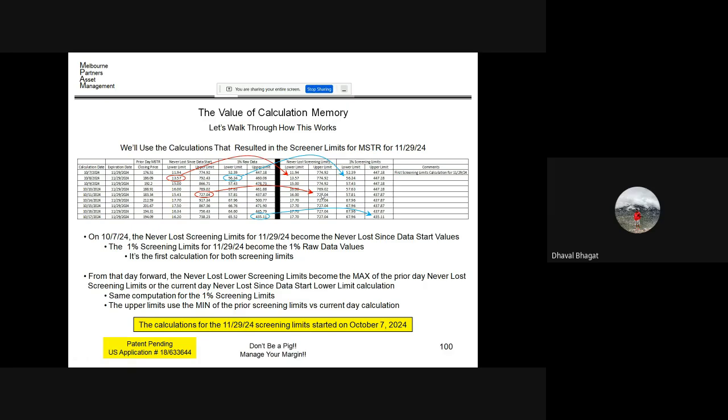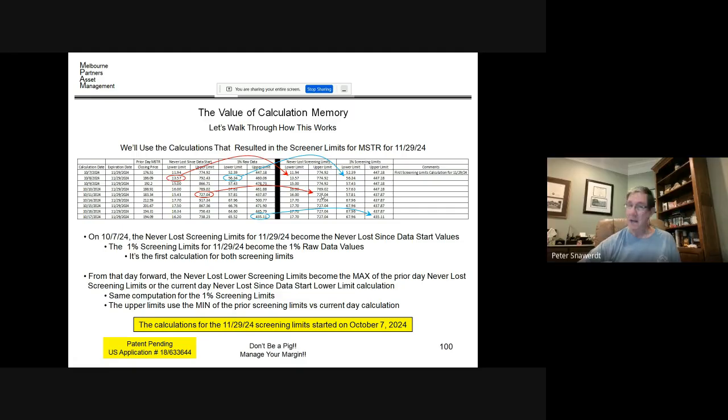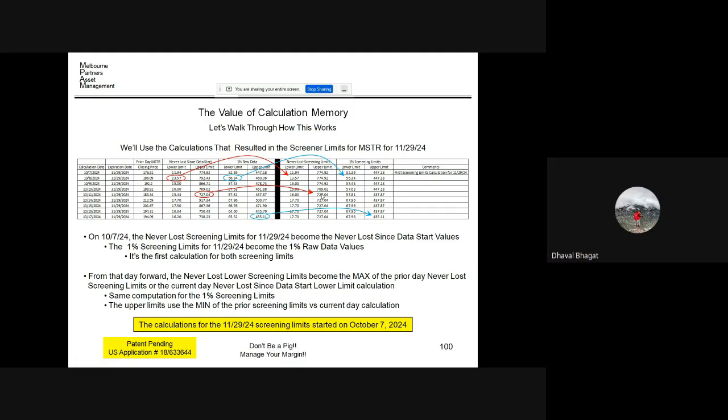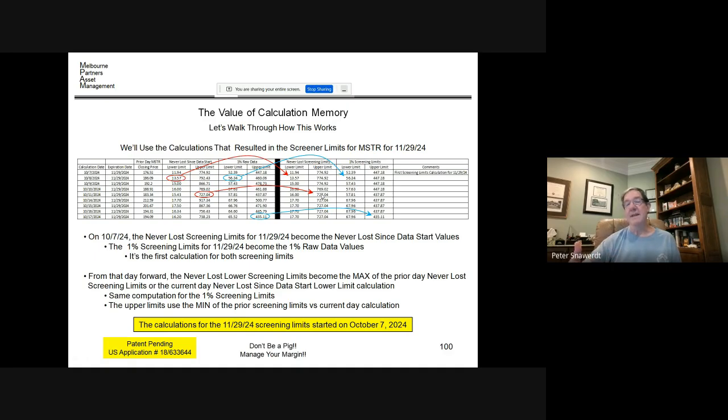If I wanted to sell some calls, and let's say I wanted to sell on 10/17 at 727, which is lower than where my spot was, it's still a safe bet. Until it's violated, it is still considered to be a safe bet. Let's add the caveat to that.